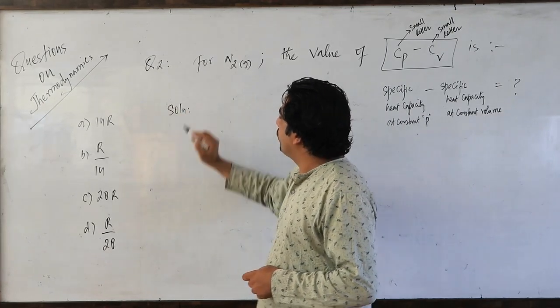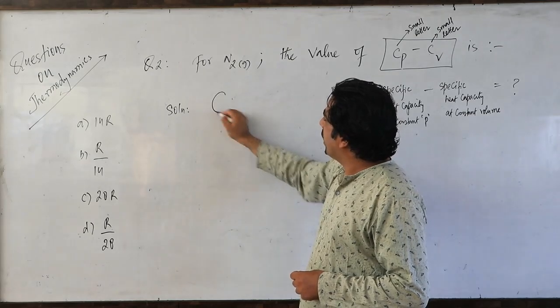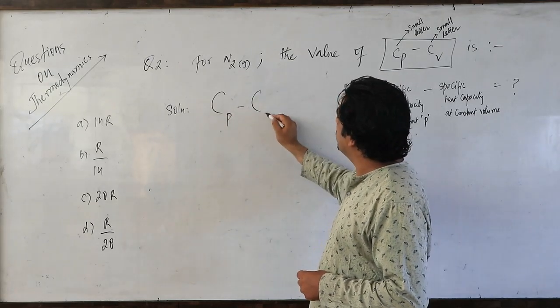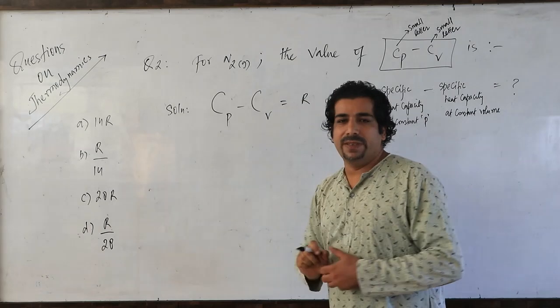Let's go for the solution part of this. Let us suppose I have written capital Cp minus capital Cv, which I derived in the previous class.